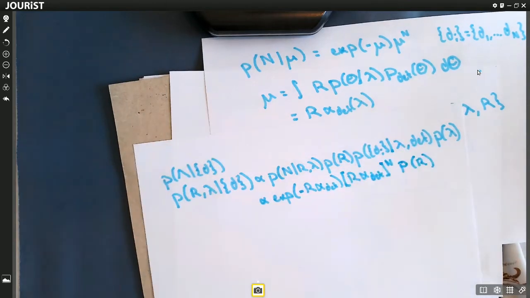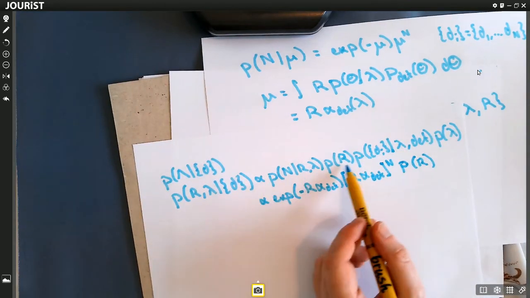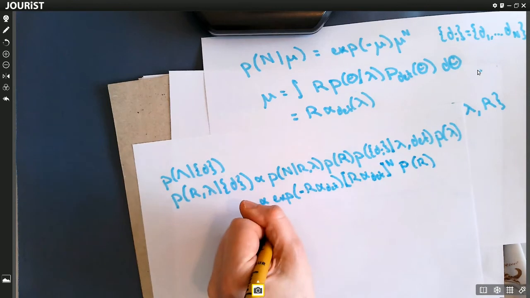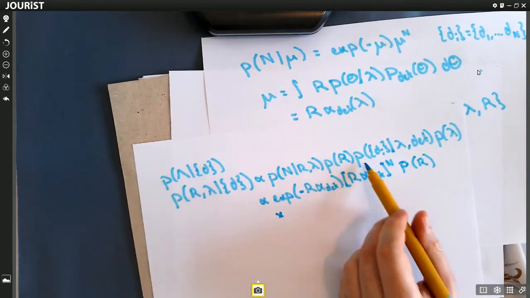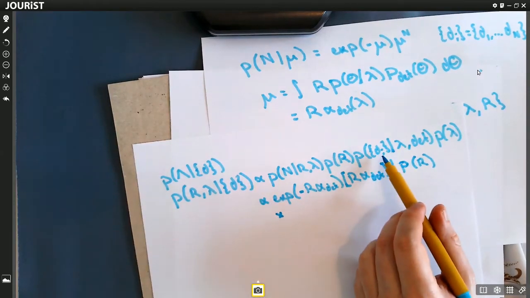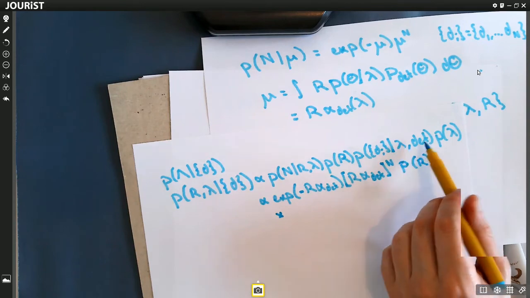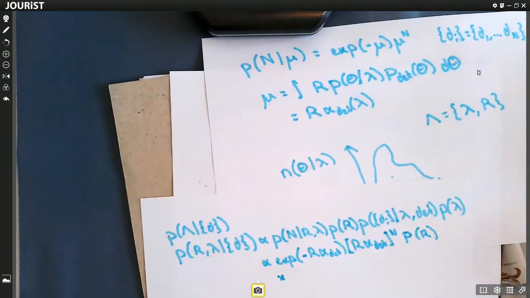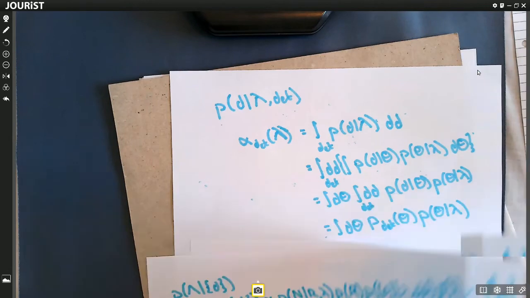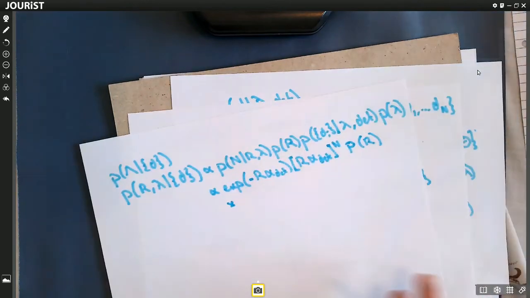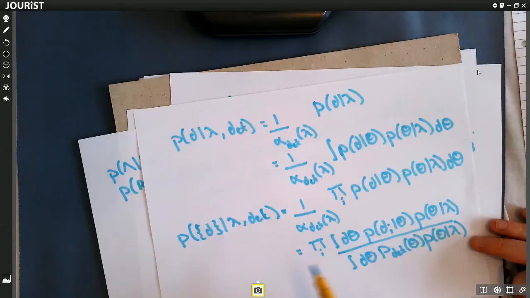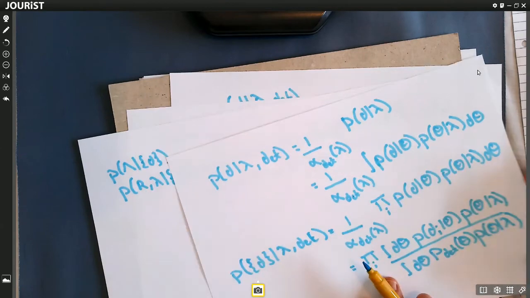Okay, that's taking care of these first terms, and now we're going to need to multiply this by the probability of getting this data set given our shape parameters and the fact they're detected, times some prior. This is what we were working on earlier. This form here. Okay.